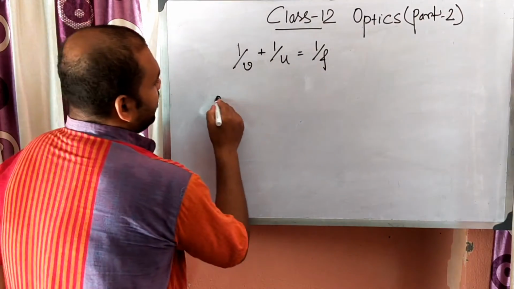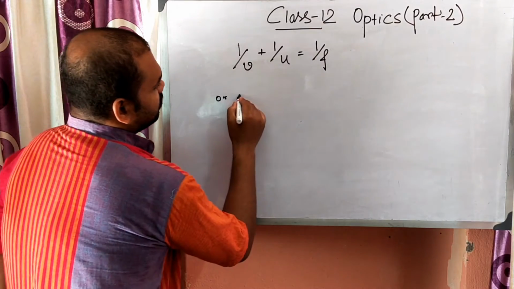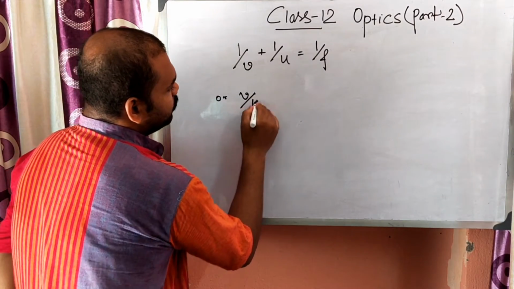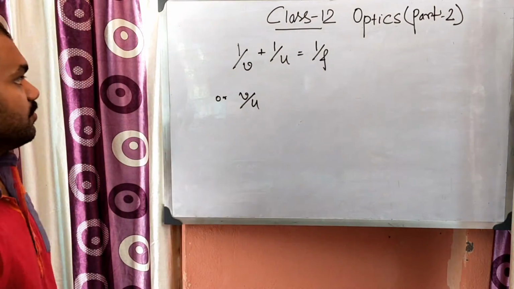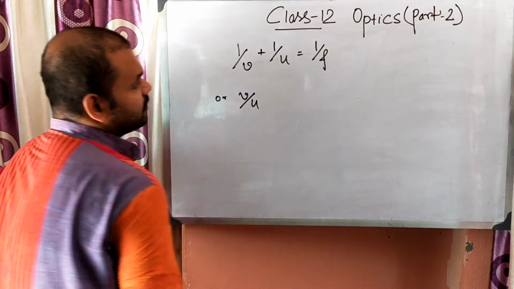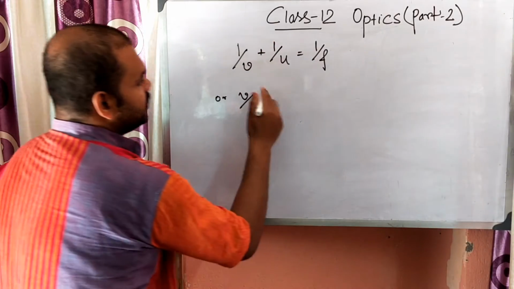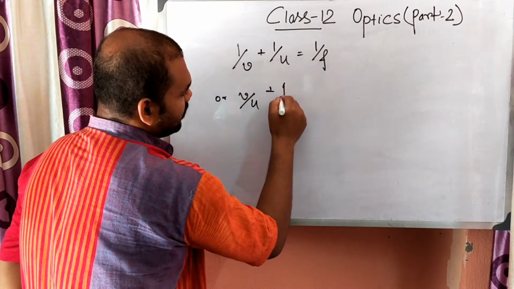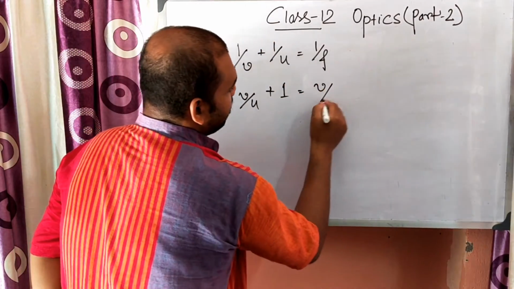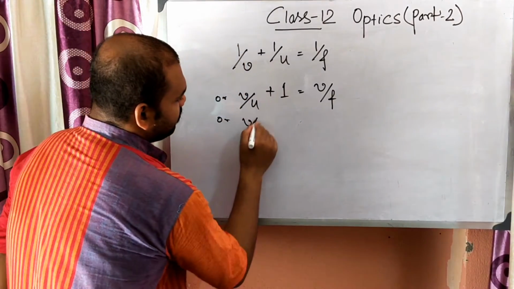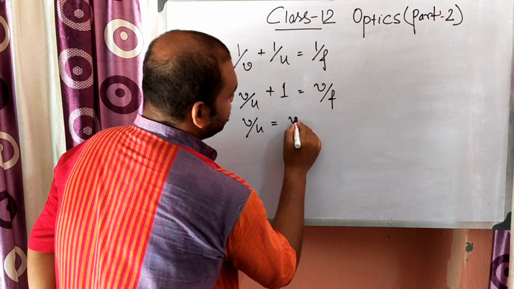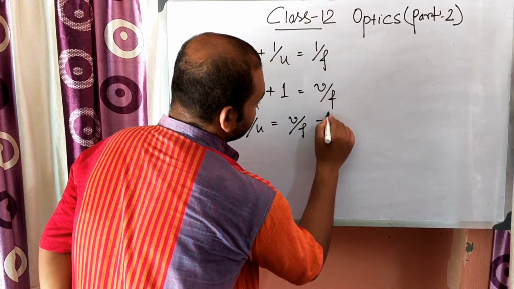So next we can write v by u. If we multiply both sides with v, then we get v by u plus v by v, which is 1, is equal to v by f. Now we can get v by u is equal to v by f minus 1.